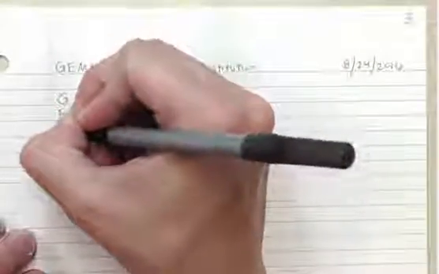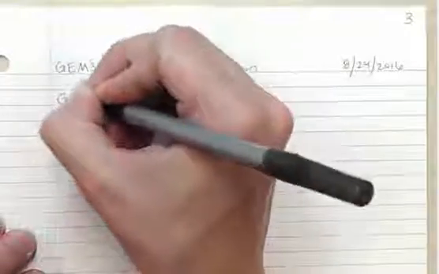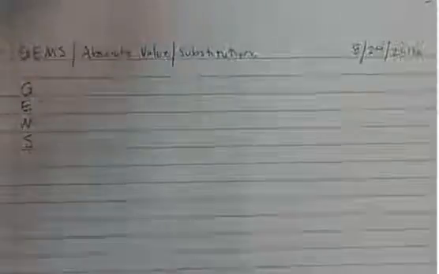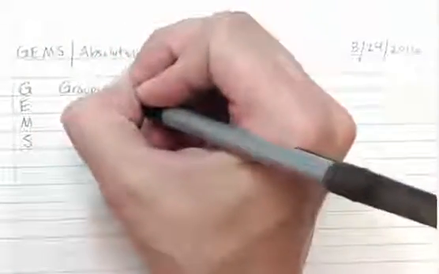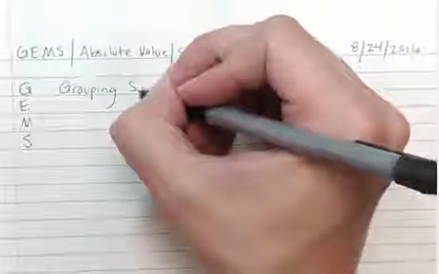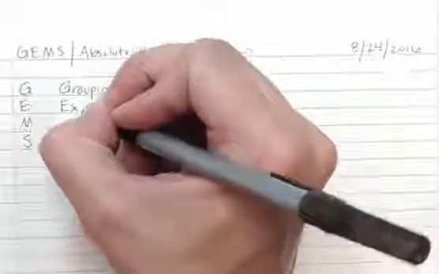So first of all, let's talk about GEMS. We talked about this during our warm-up today, but we need to make sure we understand it. G stands for our grouping symbols. E stands for our exponents.